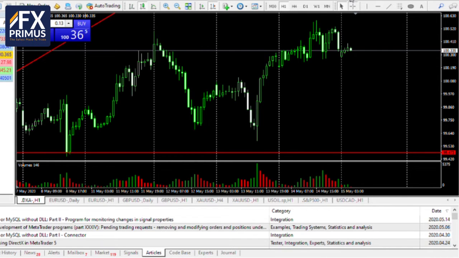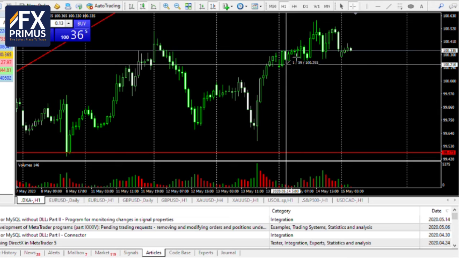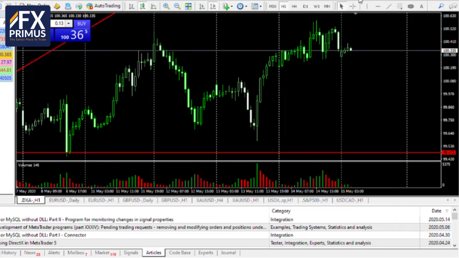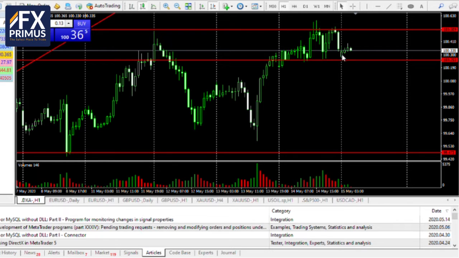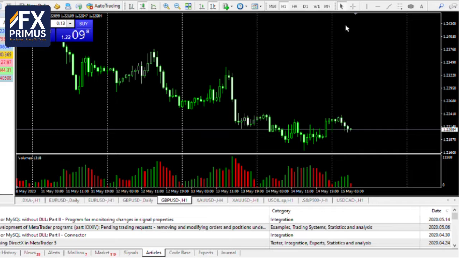And yesterday, Thursday, the US dollar was mostly bullish, but in a very tight consolidating range. So we can see the US dollar having resistance here and a support at this level. So mostly sideways.